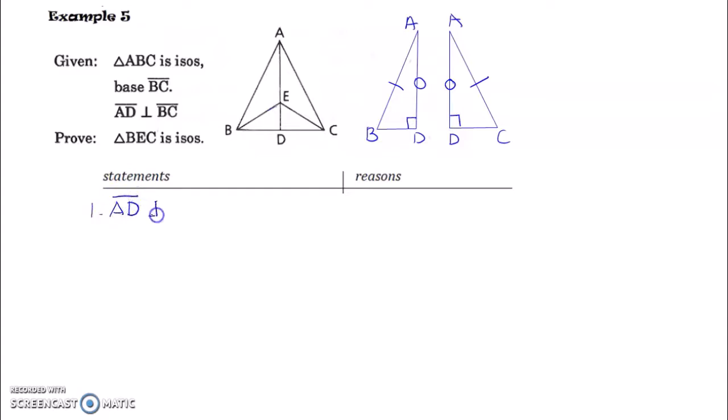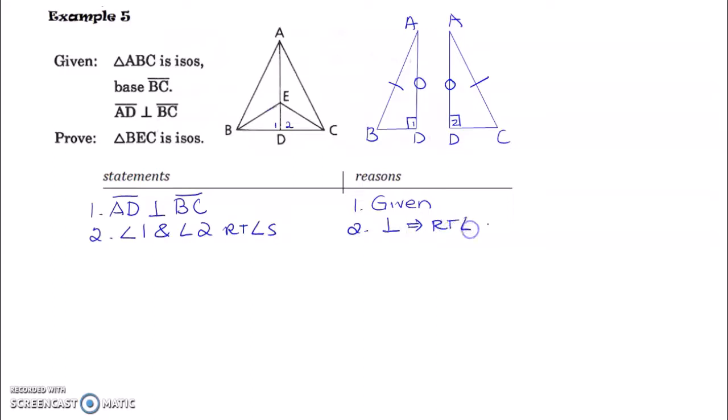So AD is perpendicular to BC is given, which means angle 1 and angle 2 are right angles. So there's my right angle. Now I need to say that the hypotenuses are congruent.